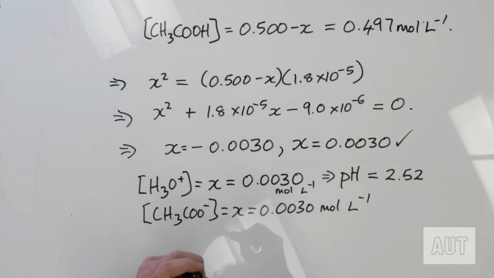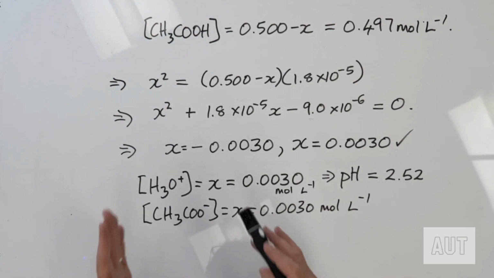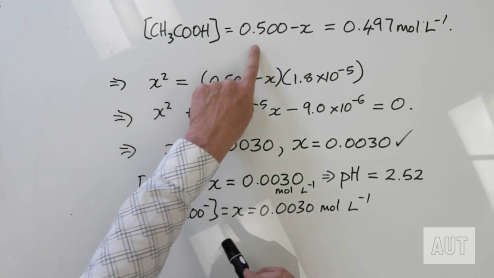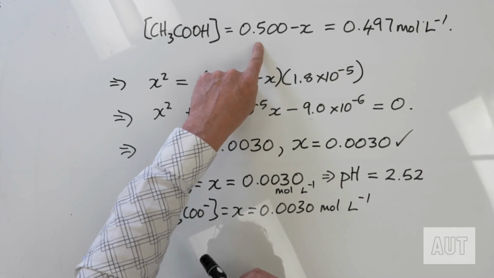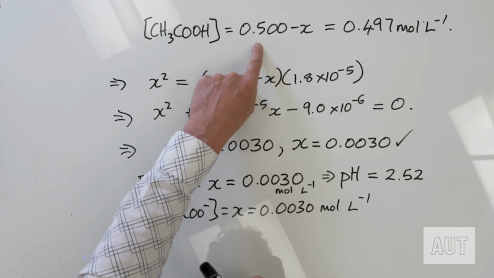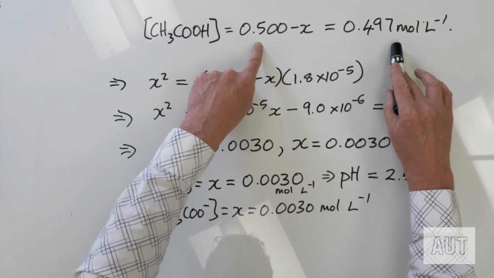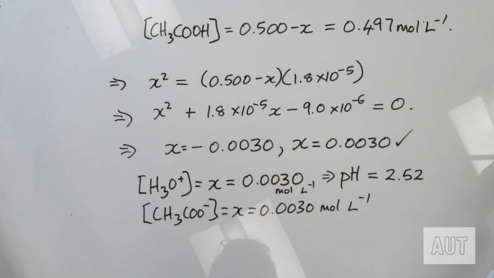And that shows you that acetic acid really is a weak acid. You start off with a concentration of 0.5 mole per litre, you put it into water, you end up with a concentration of 0.497 mole per litre. It's hardly dissociated at all. So very much a weak acid.